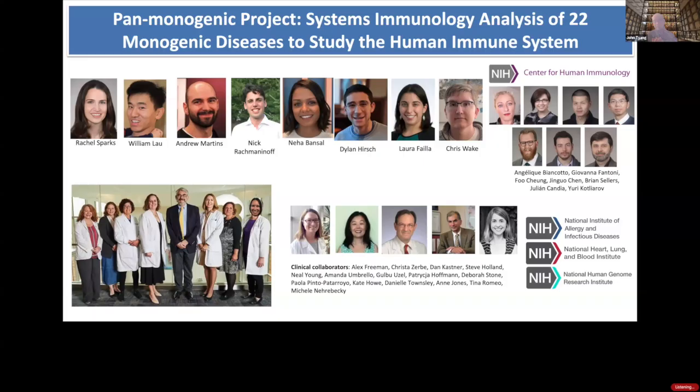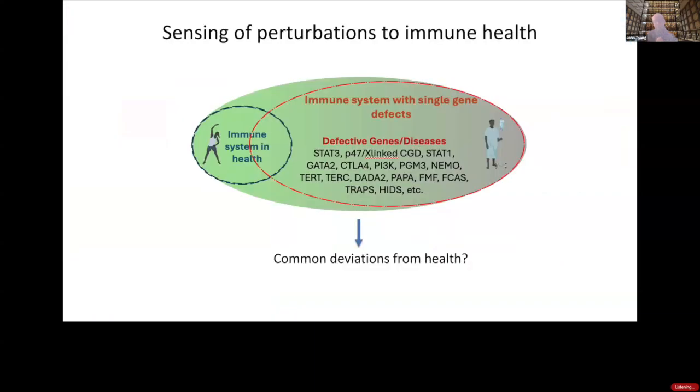Basically, to learn what it means to be healthy and to quantify it, we need to learn from lots of examples of how someone can become unhealthy. So this is one of the questions driving us to understand these monogenic diseases.